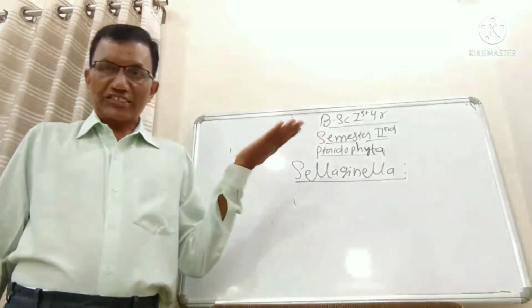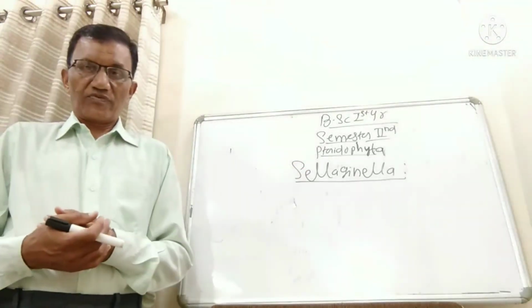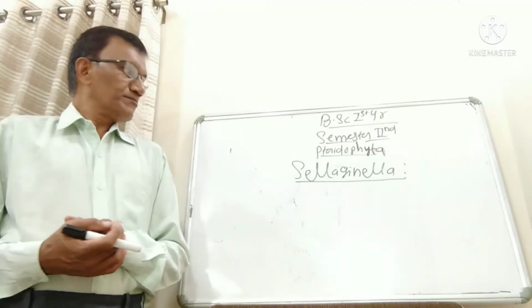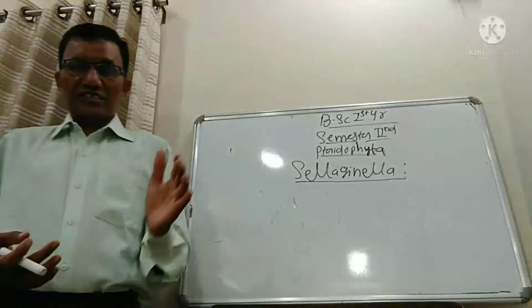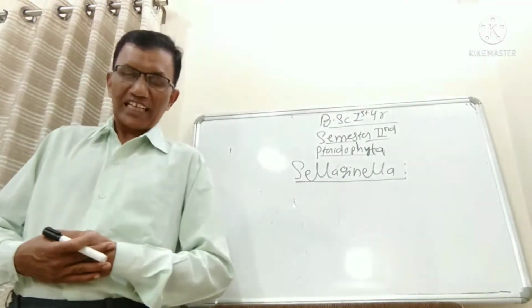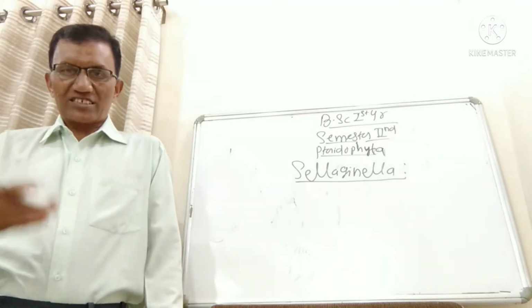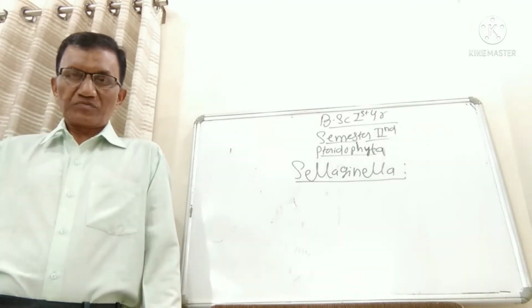While explaining the life cycle of Selaginella, first of all you have to give the systematic position of Selaginella. Before the stepwise description, there is classification, occurrence, morphology, external characteristics, then internal characteristics.